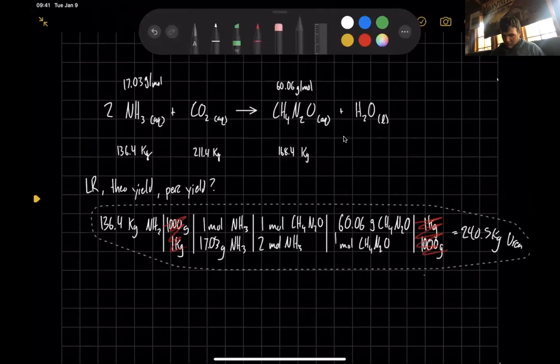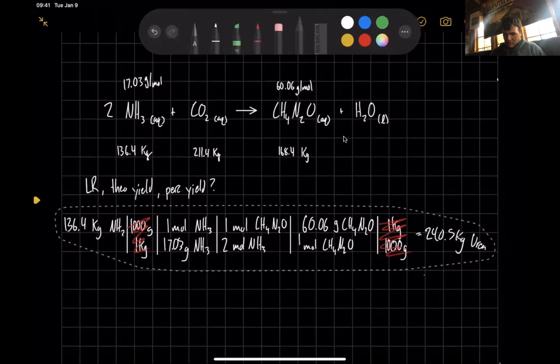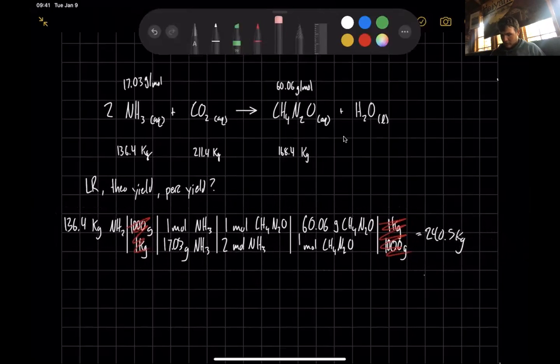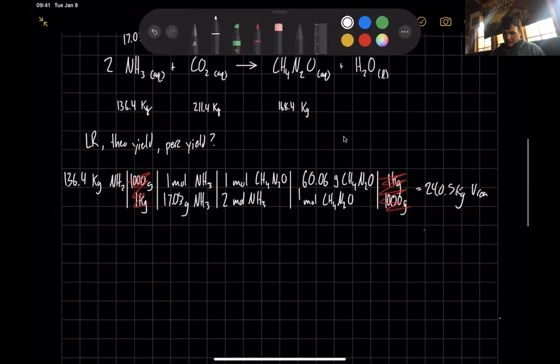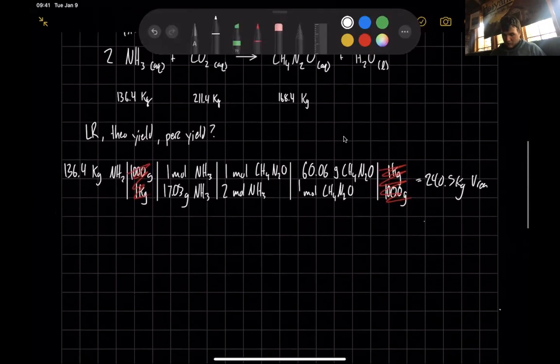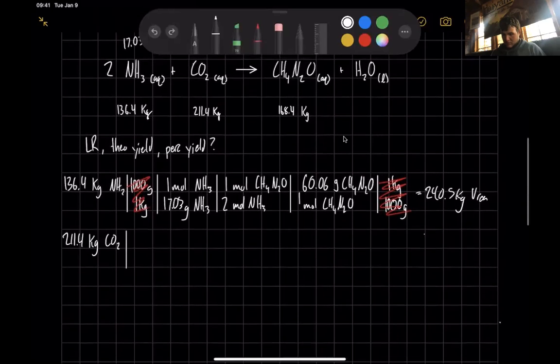This is a bit sloppy. Okay, then if you do the same thing with the CO2, we have 211.4 kilograms CO2. As I said before, I'm just going to skip this step because it'll undo itself when we convert back. If that makes sense, I hope it does.